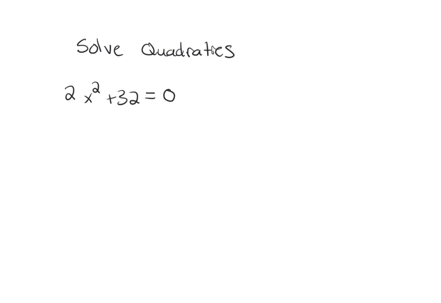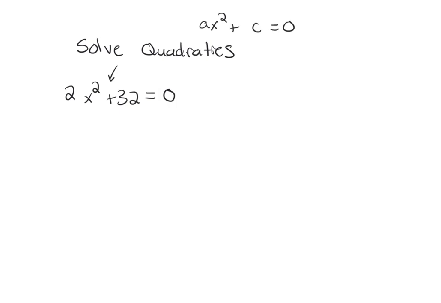Okay, 2 more examples, and it's going to involve solving quadratics. They're pretty simple quadratics. 2x squared plus 32 equals 0. So all of these in this lesson don't have that middle term. They're all in the form ax squared plus c equals 0.